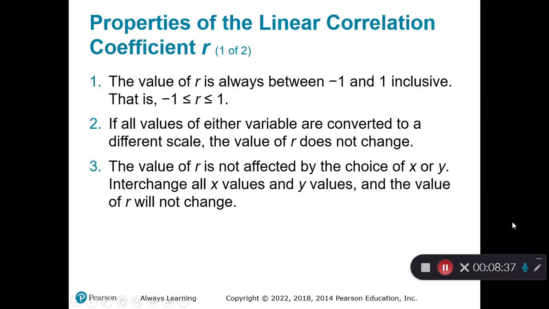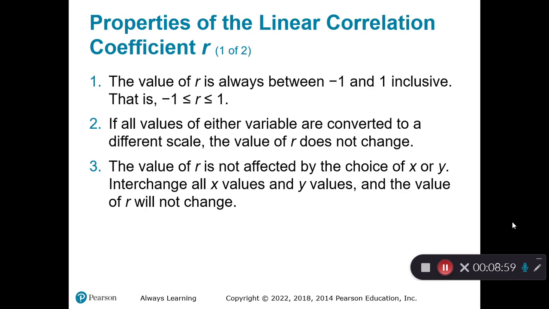Let's talk about the properties of the linear correlation coefficient. First of all, r is always a single value between -1 and 1 inclusively. So r can take on a value of exactly -1, and it can take on a value of exactly +1, and of course any value in between.